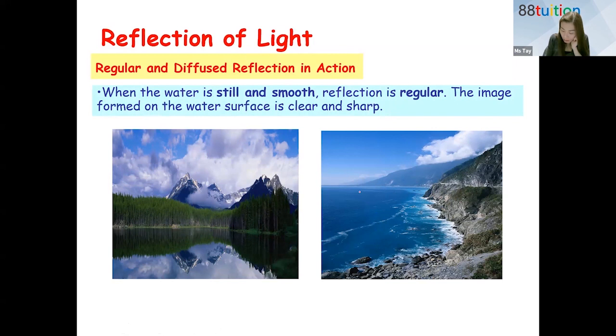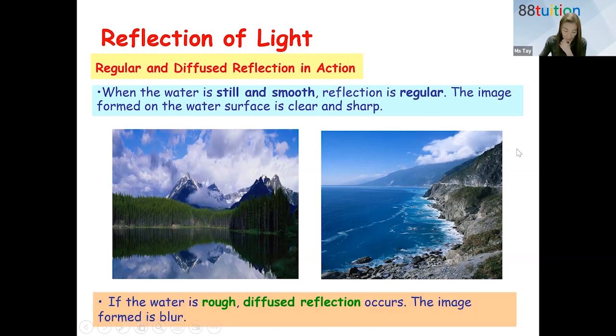But when the surface is very calm, very smooth, we call it still and smooth, the reflection is regular. The image formed on the water surface is very clear, very sharp. If the water is rough, diffuse reflection occurs, so the image formed is very blurred, or you don't see an image at all. So this is the meaning.